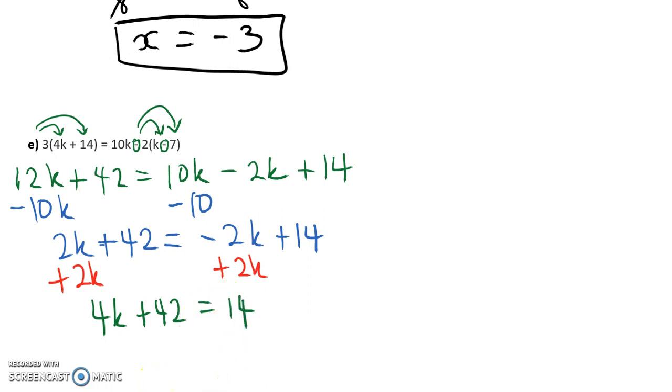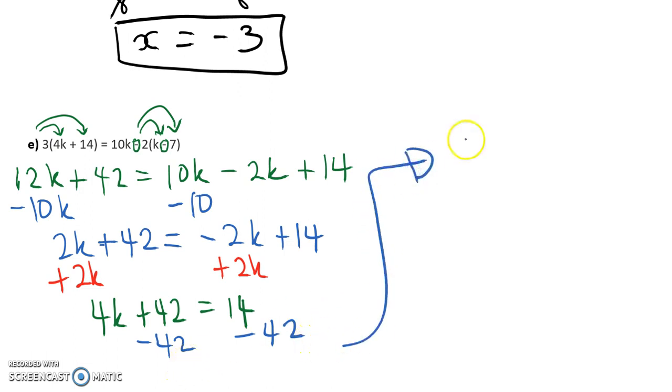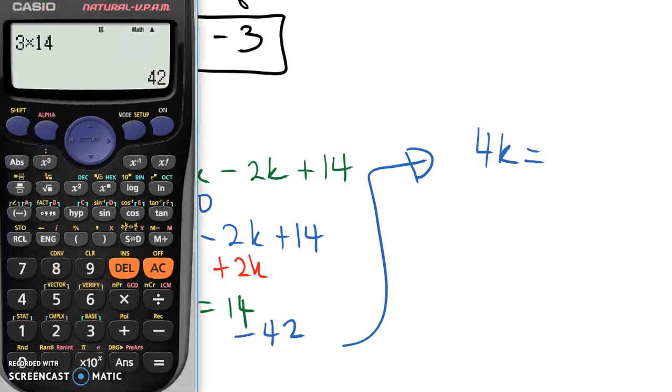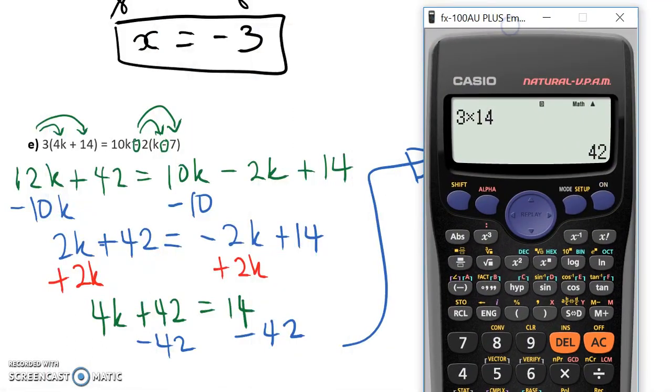I'm then going to need to subtract this 42 from both sides. So I'm going to get 4k is equal to, just quickly, what do I want to do?